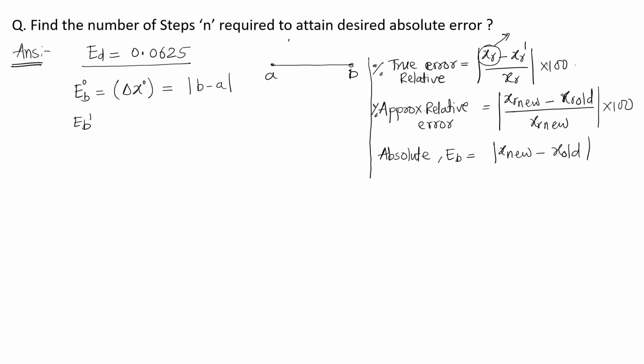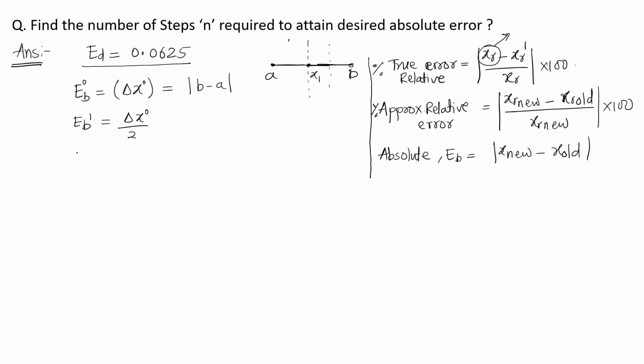After the first approximation is calculated as the average, this is x1, so the error becomes half, delta x naught divided by 2. Then again, depending on whether the value is negative or positive, we take the average, so again it becomes half.